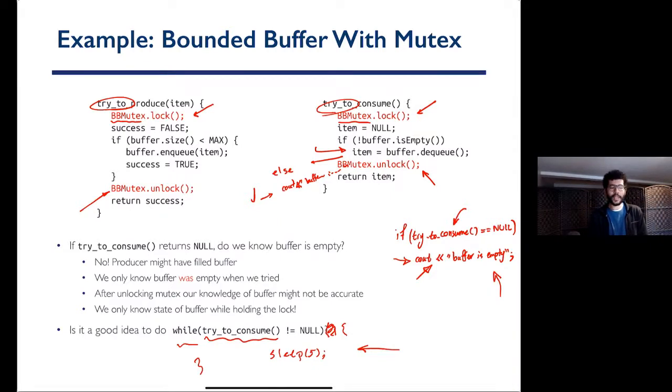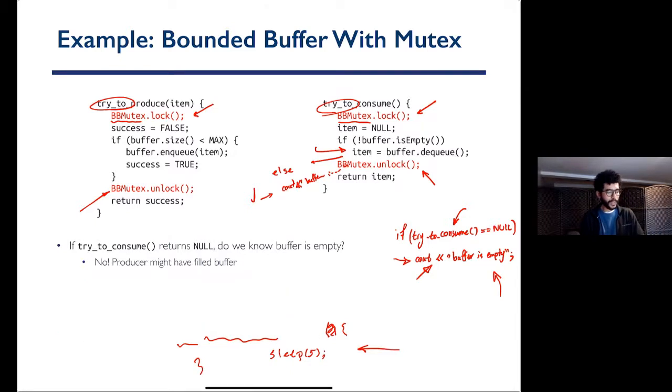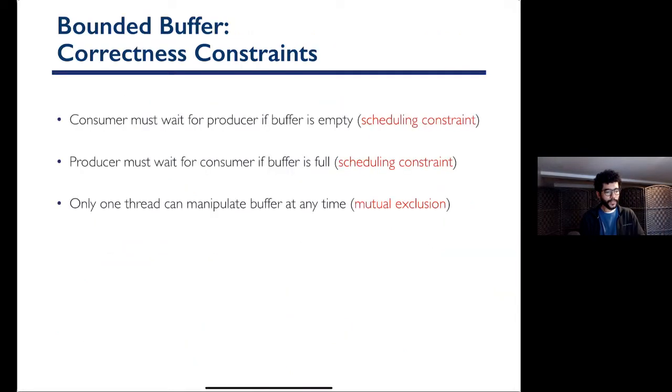So basically, if I go back to these constraints that we wanted, out of these three, two of them are scheduling constraints, meaning that the consumer should wait if the buffer is empty, and the producer should wait if the buffer is full. We can't really get this with mutex alone.